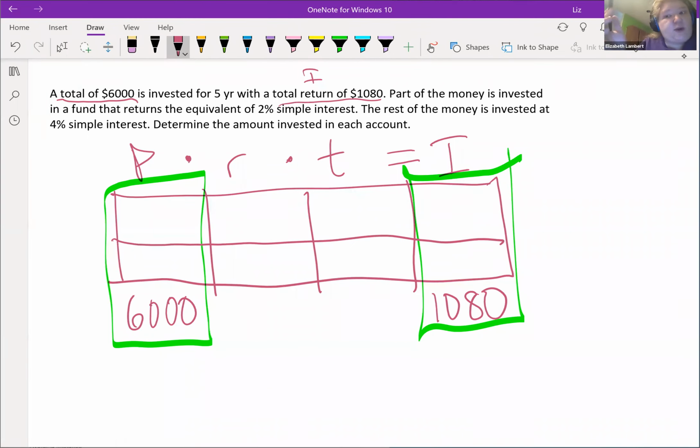Although honestly, that's the way I kind of taught it at the beginning, because I just really don't like writing only one variable. All right, so what they asked for is determine the amount invested in each account. So the amount invested is the principal. So these are my two things.